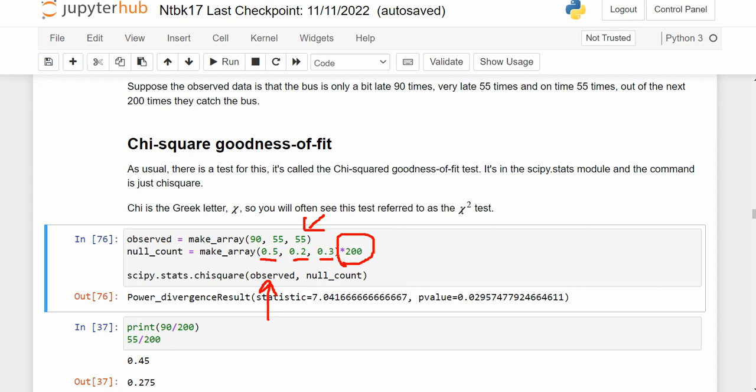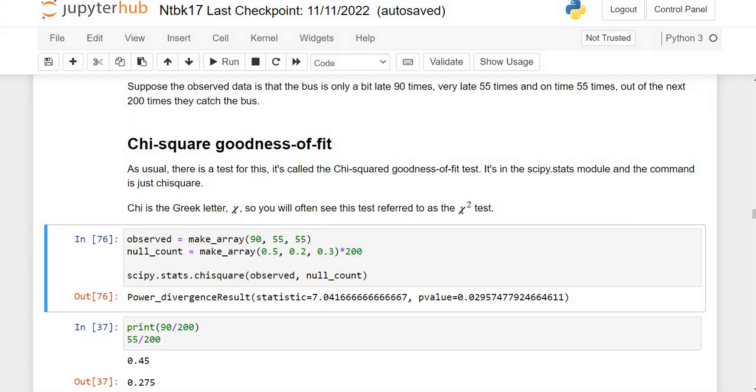We want the number of times you'd expect to see the bus show up on time. For example, if it shows up a little bit late 50% of the time, you multiply that by 200, you get, well, about 100 of these should have been in that category. It turns out that instead of 100, we have a value of 90. So we can see that the observed data isn't exactly matching the probability model.